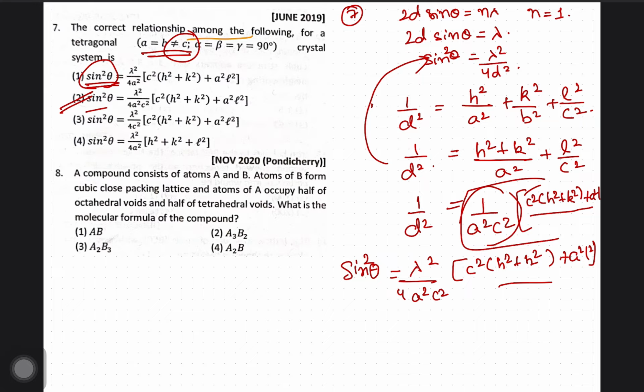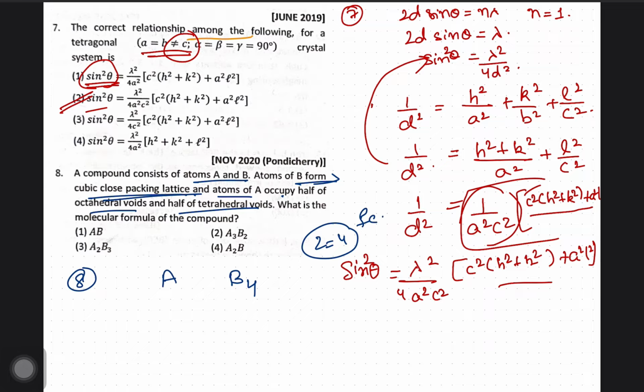Now the next question: a compound consists of atoms A and B. B forms a cubic close packing lattice and the atom A occupies half of the octahedral and half of the tetrahedral voids. Now see, B forms cubic close packing, meaning Z value is 4, we know that is 4 for FCC, and A occupies half of the octahedral voids. Octahedral voids will be 4, tetrahedral voids will be 2 into 4, 8.